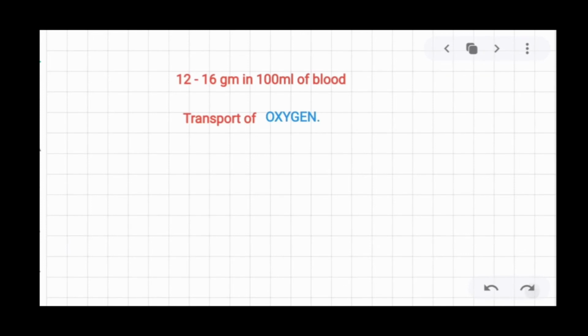And the average lifespan of RBCs, that is erythrocytes, is 120 days. Every 120 days, the RBCs are recycled, as the old RBCs go to the graveyard, that is the spleen, and get destroyed, and new RBCs are formed by the process of erythropoiesis, which we will be learning in the upcoming videos.